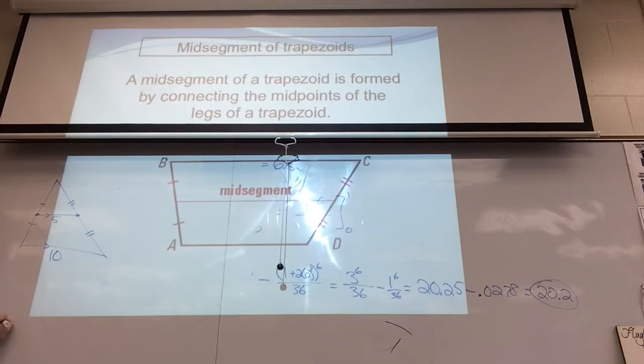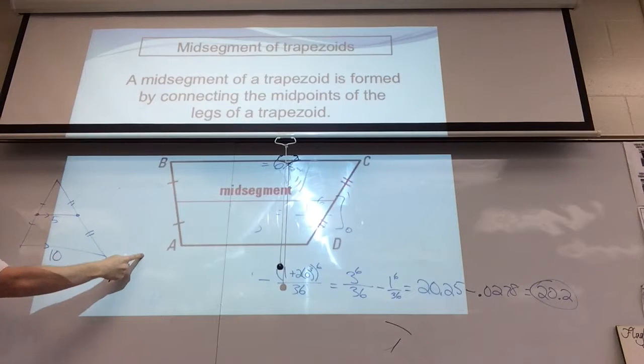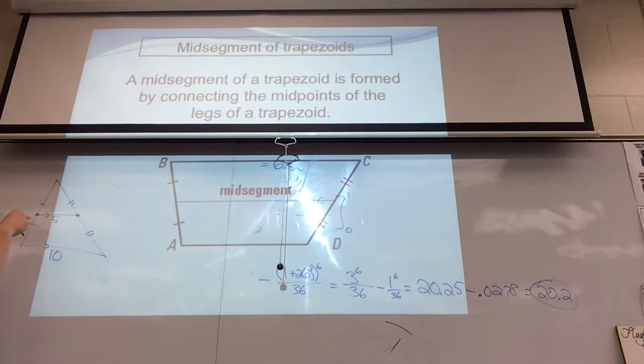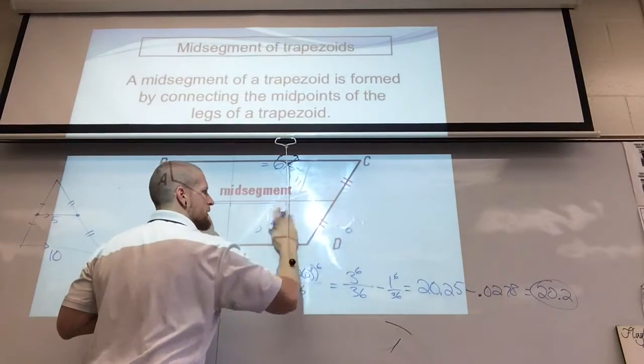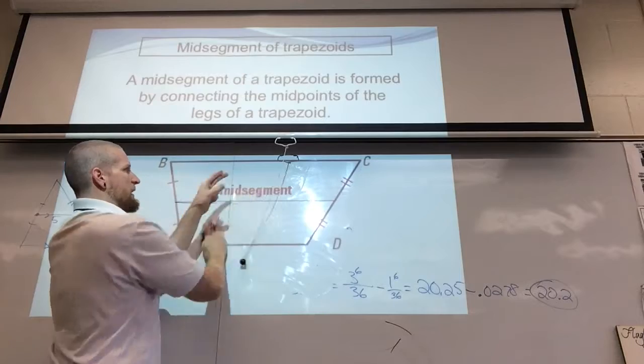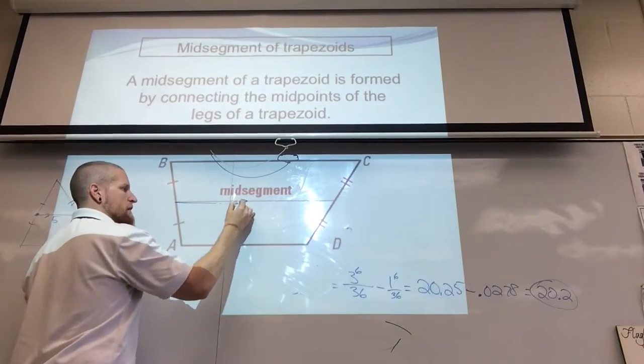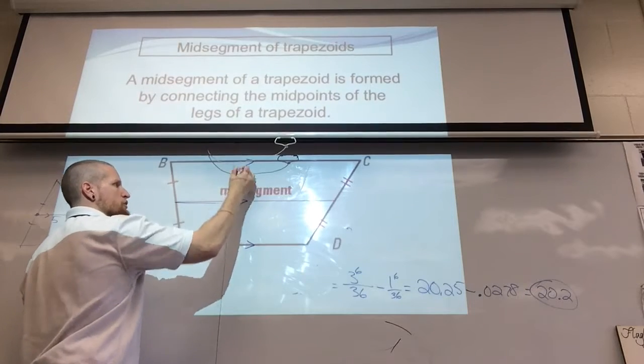You're going to be doing the same thing with this one. The big difference between a trapezoid and a triangle is now when I look at this segment here, I'm not just looking at one side. I'm still going to be concerned with the sides that are parallel to it.